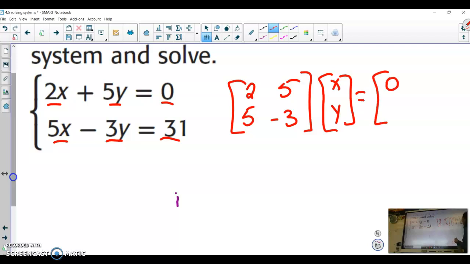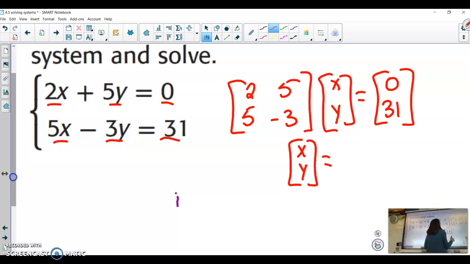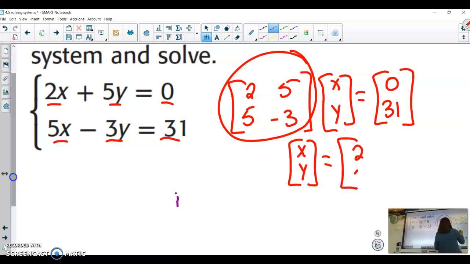And that equals the constant matrix of 0, 31. So what I need to do from here, in order to get x, y, I need to undo this. So I'm going to multiply by the inverse of that on both sides. On the left side, it'll just cancel out.